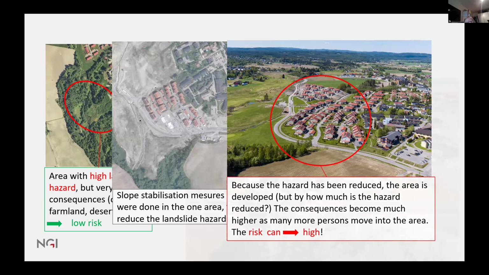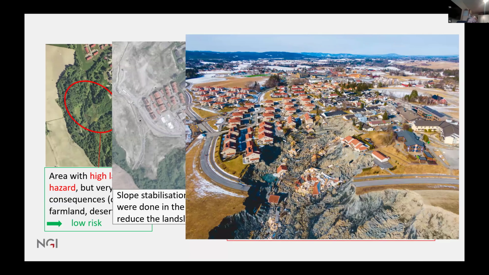And what happened in 2020 on New Year's Eve at 4 o'clock in the morning, with no warning or anything, this slope failed, and 31 houses were destroyed and 11 lives were lost.